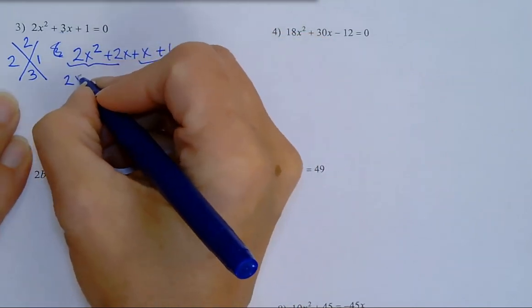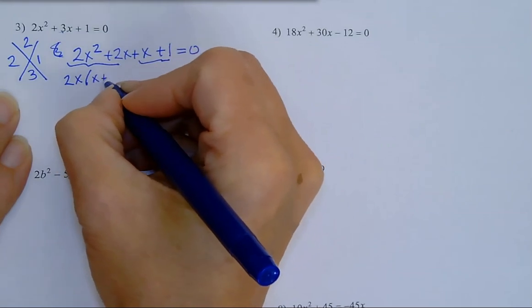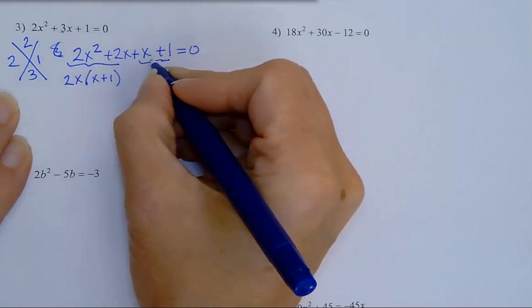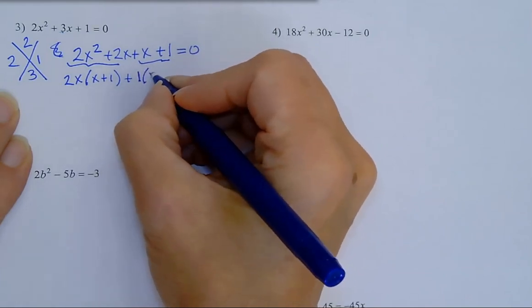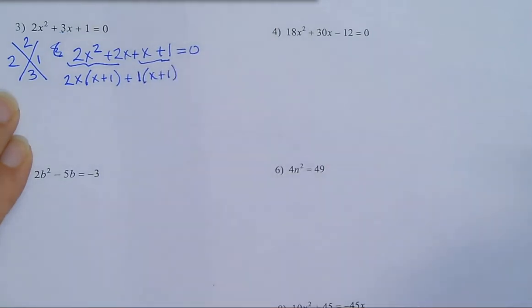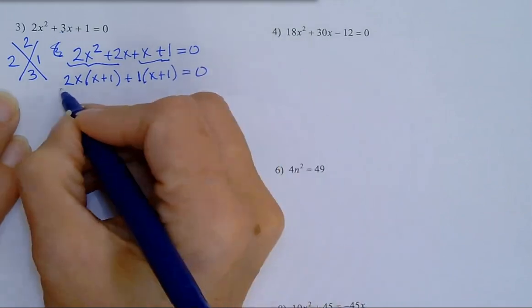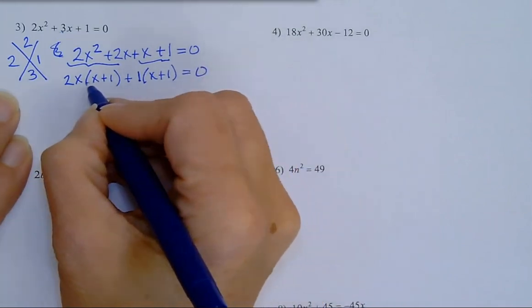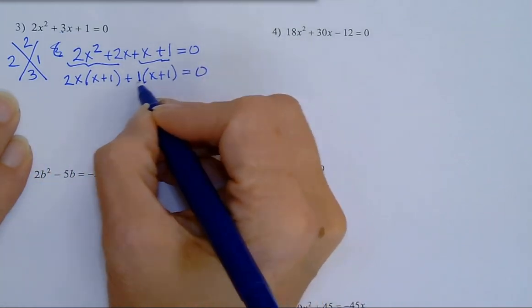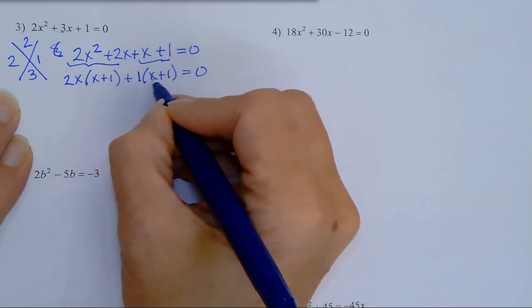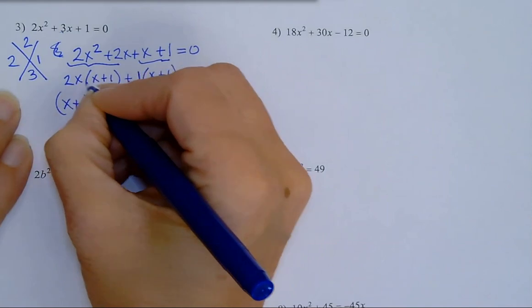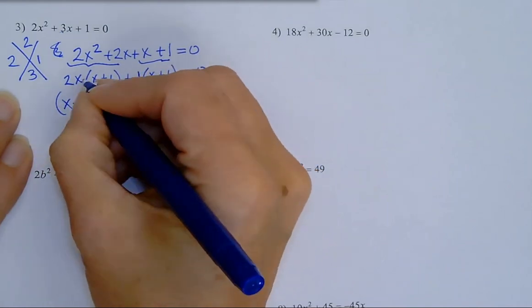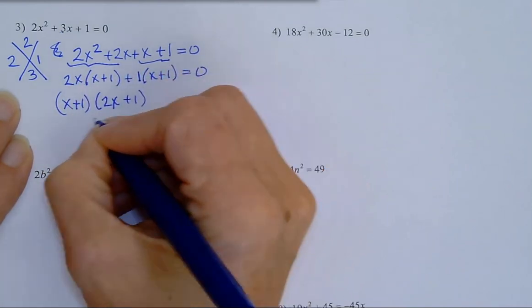I'm going to pull out 2x, and I have x plus 1. And here, I can't pull anything out, I don't need to. I'm just going to have 1 outside times x plus 1. This all equals 0. I would like to make this look like two binomials, so I can pull out x plus 1, and I'm left with 2x here, and 1 here.